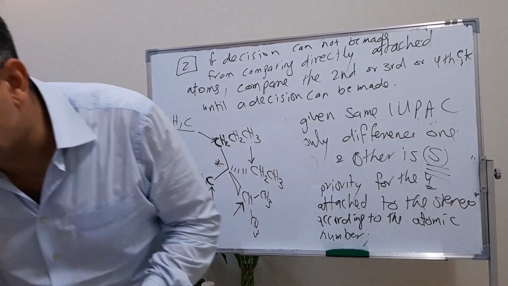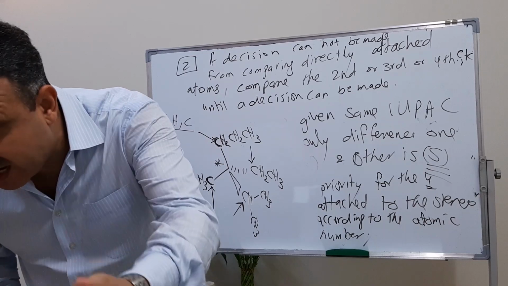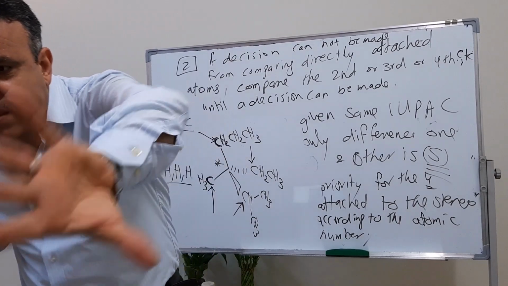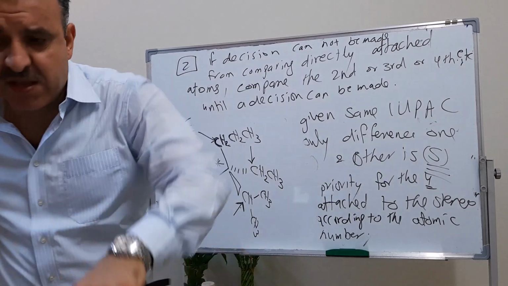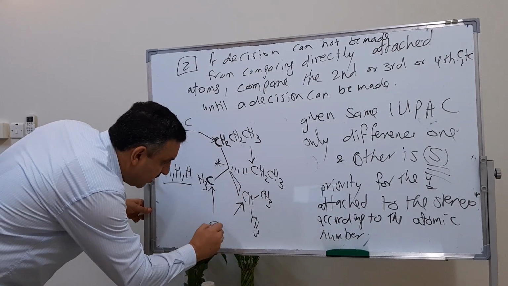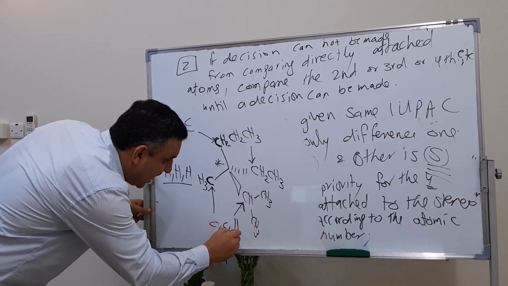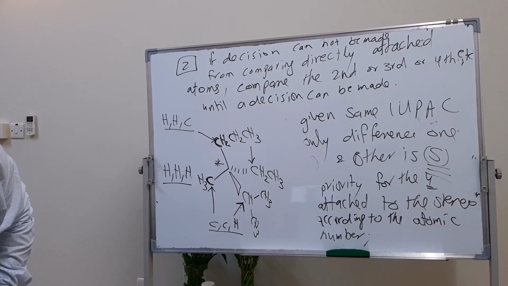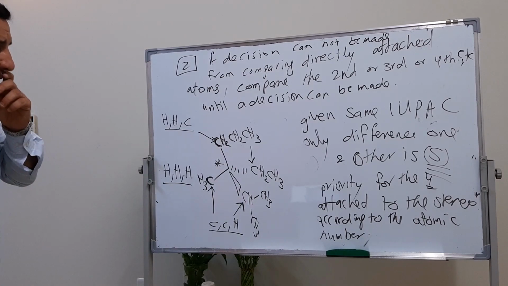There must be 3 atoms, because one is attached to the stereocenter and the other 3 we are comparing. So here to this carbon we have carbon, carbon, and hydrogen. Is that true? Yes, perfect. Carbon, carbon, hydrogen.